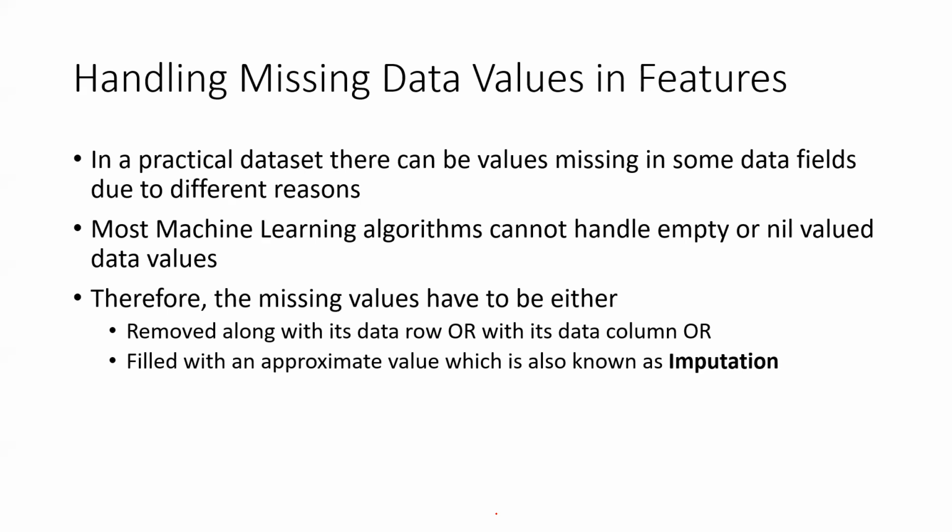So how to approximate the value that should have been there in this particular data field? So one way, the simplest way, is that actually this handling of missing values is known as imputation, right?